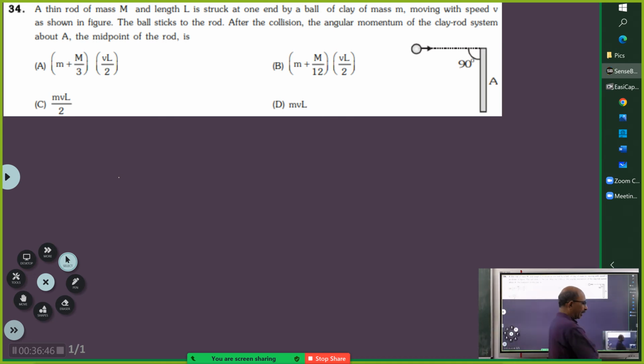So which law will be applicable here? Law of conservation of angular momentum. Correct. So apply that.